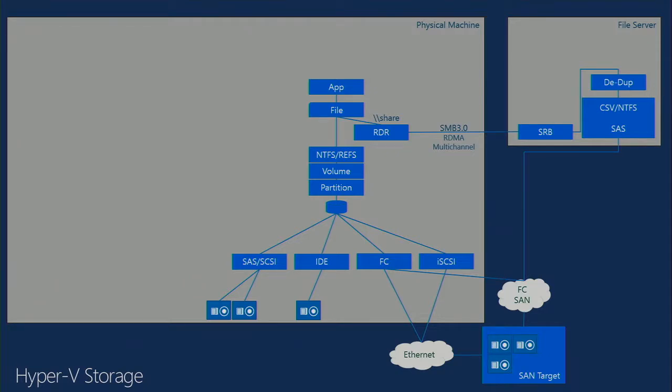This could very easily have been a NetApp box or an EMC box that doubles up as a file server as well. In our case, we have the RDR and the SRV on the remote end. And I just put in SMB 3.0 in there because, hey, we are very proud of that. So we have SMB 3, and we have RDMA and multi-channel with SMB 3. All that to give you extra power.